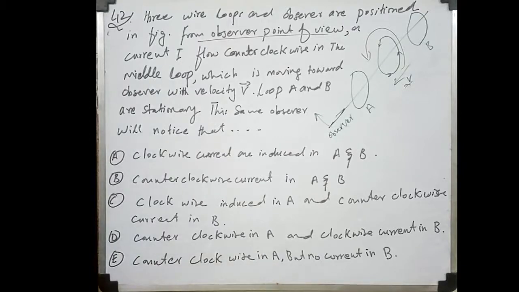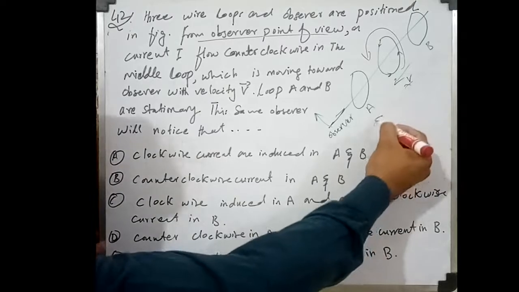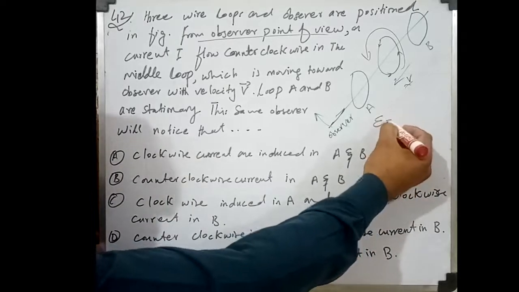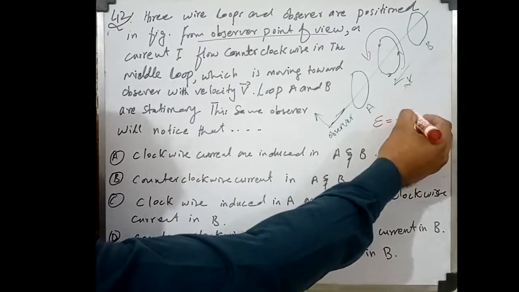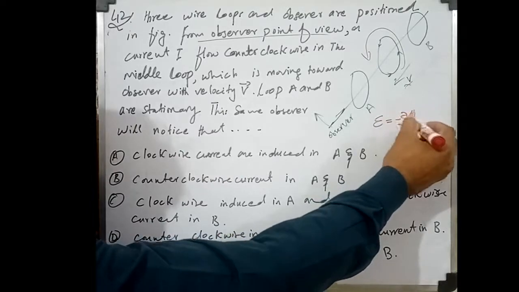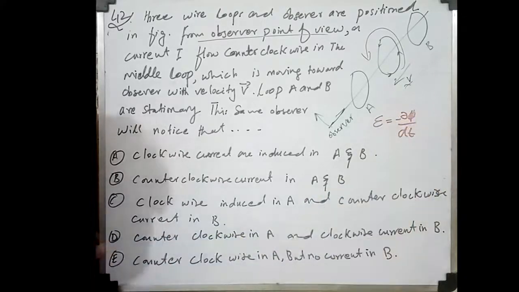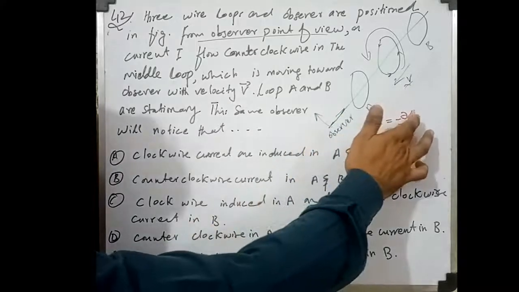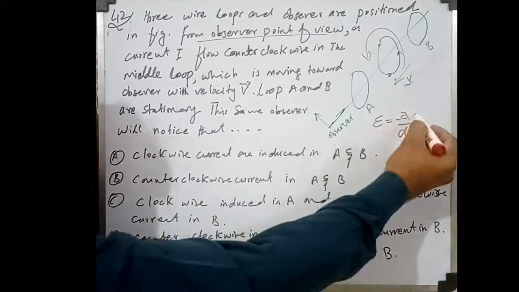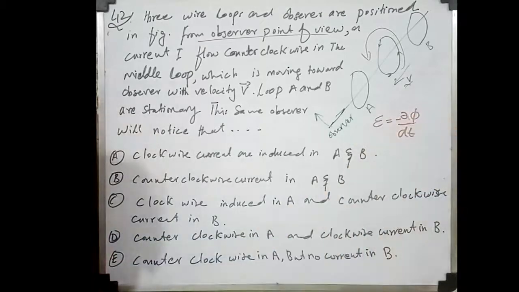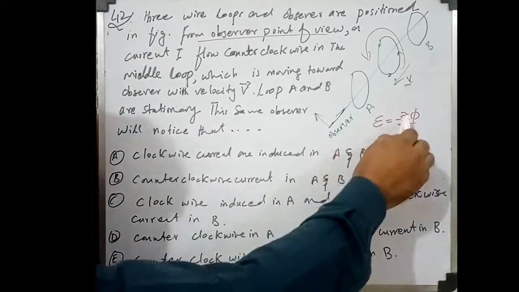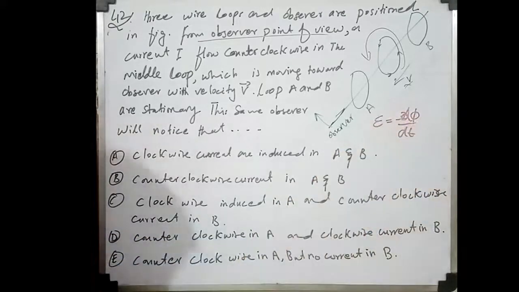in B. We have Faraday's law of electromagnetic induction, that induced EMF is equal to minus d phi by dt. Phi is the magnetic flux, which is responsible for the induced electric current or induced EMF.